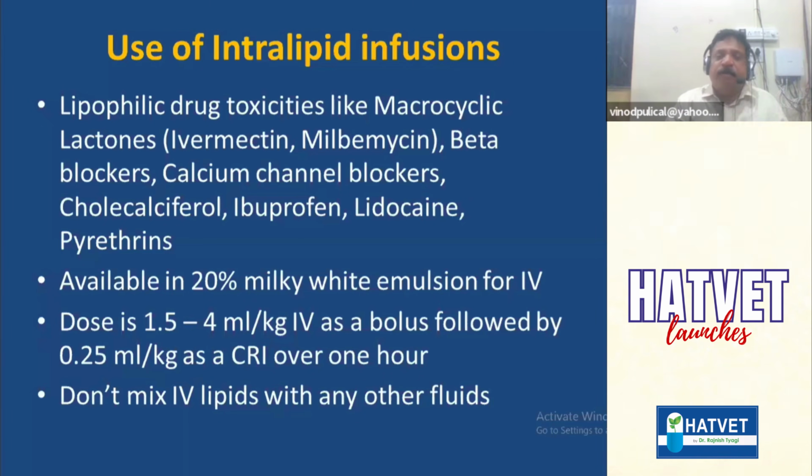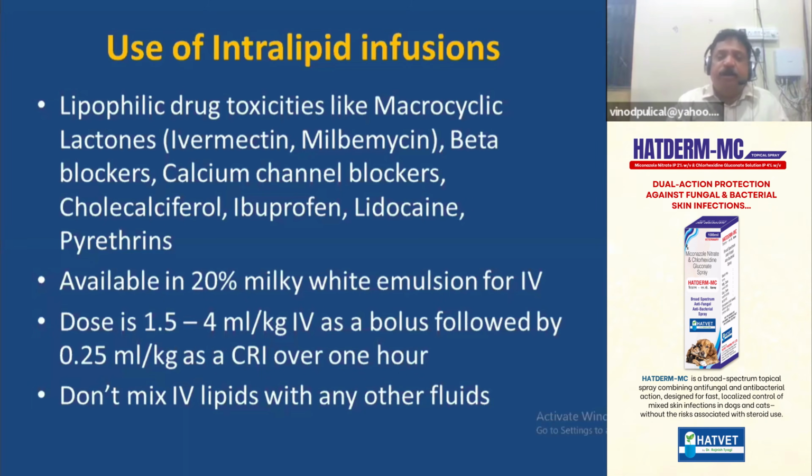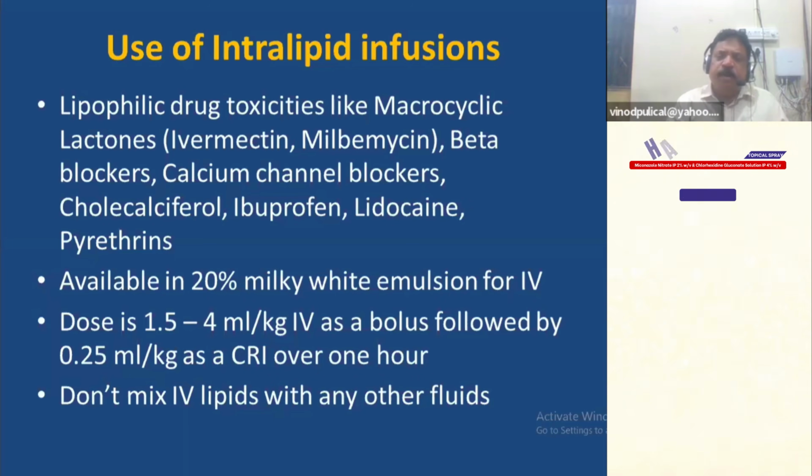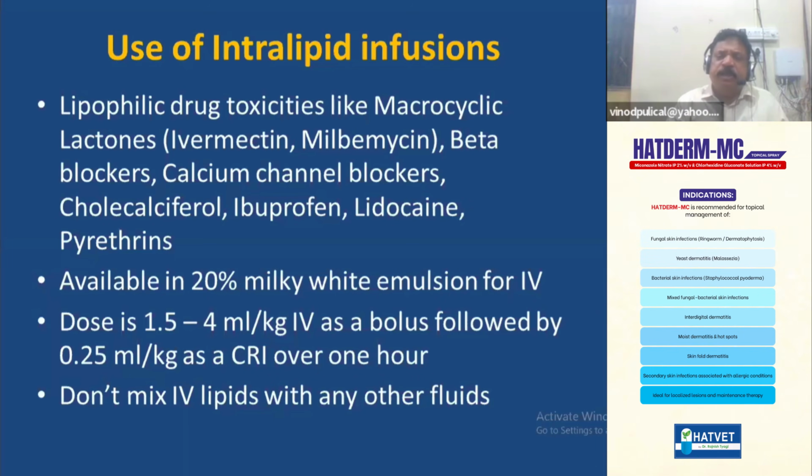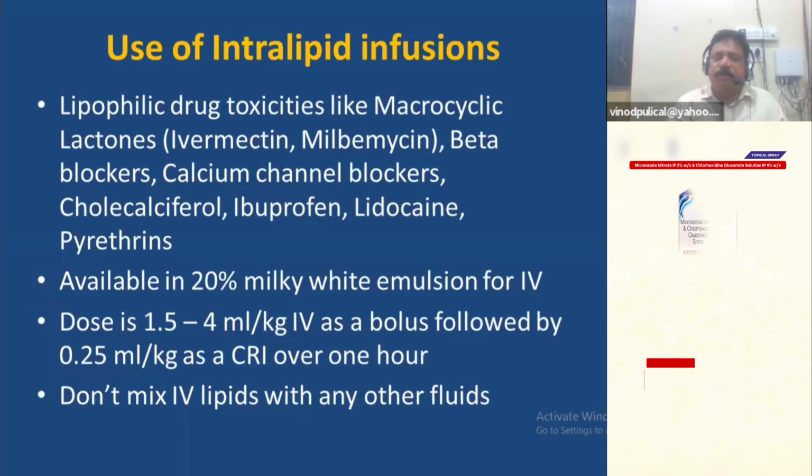And again, in macrocyclic lactone, ivermectin toxicity, ivermectins are not contraindicated in felines. You can use them. If there is toxicity, we can go for intralipid infusions, available as a 20% milky white emulsion.